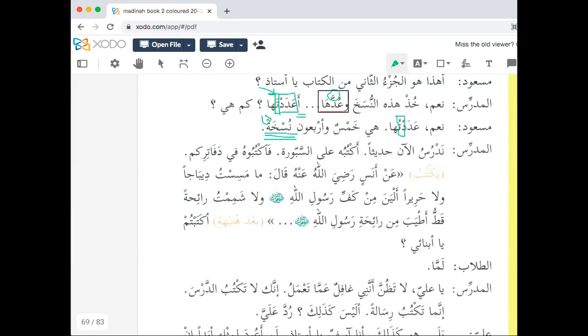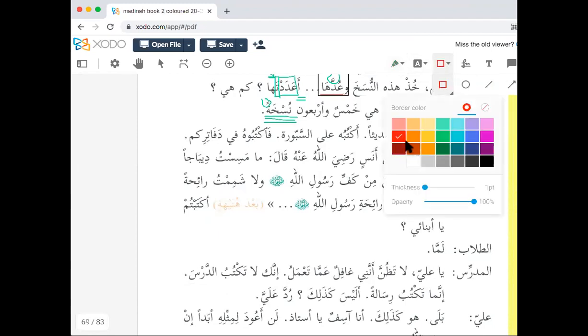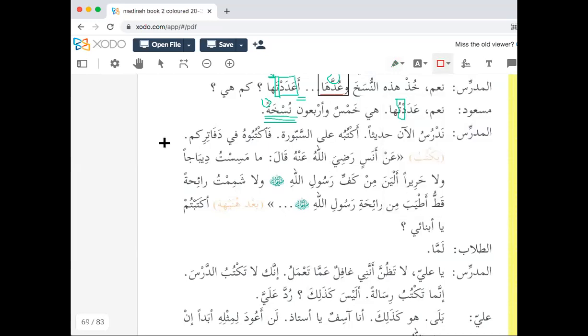Well done. Barakallahu feek. And I remember now that we went through this hadith last time, and where were the points of that relevant to Ad-Dars al-Tasi wal-Ashrun over here? In this hadith, which points were relevant to Ad-Dars al-Tasi wal-Ashrun?